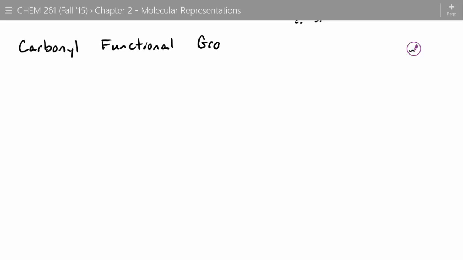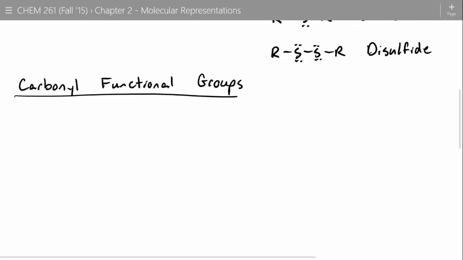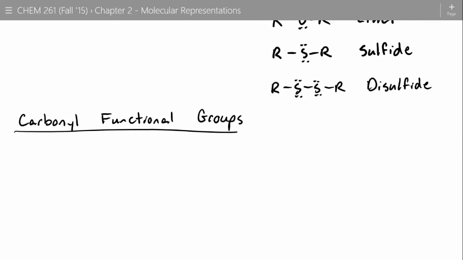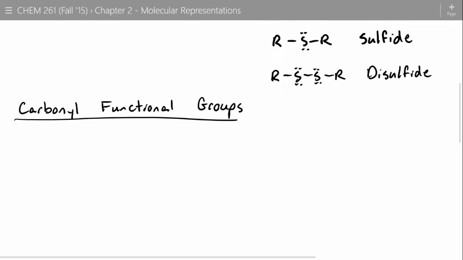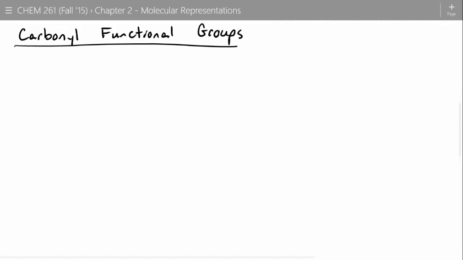This is something that confuses a lot of people. They ask themselves, well, how is an alcohol different than a carboxylic acid? We want to be as descriptive as possible when we're talking about functional groups. So we have this whole variety of carbonyl functional groups, and they all contain a CO double bond on them.